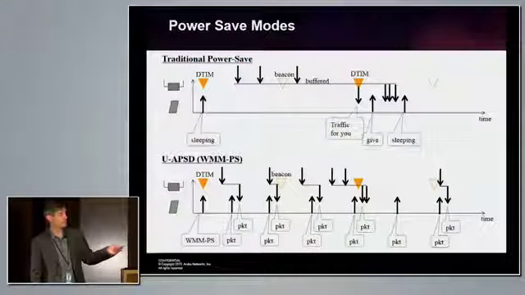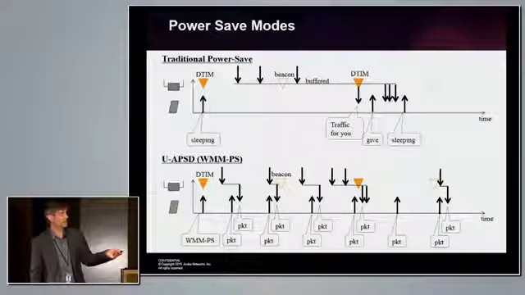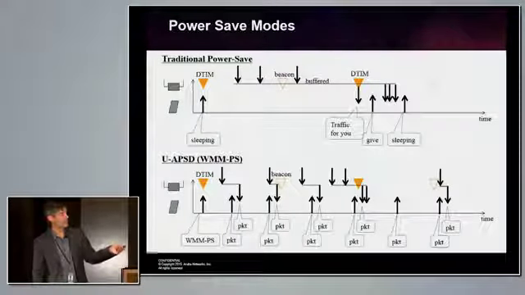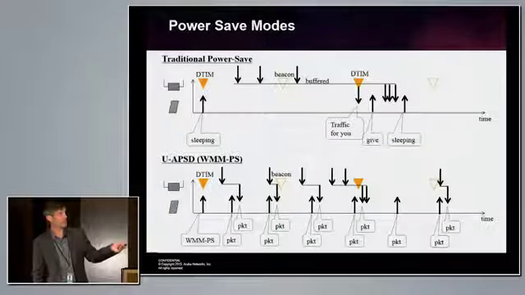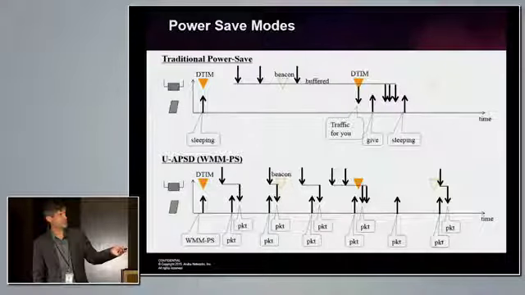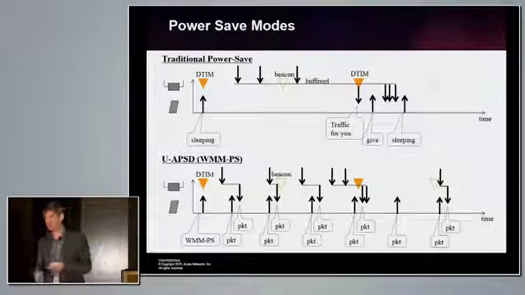The things that we have seen implemented are these normal legacy power save features up the top here, which are very effective, but effectively the device says, I'm going to sleep, the AP recognizes that, and then while the device is asleep with its radio turned off, it just buffers up all the downlink frames that come to it, and then it advertises in the DTIM to say, we got traffic for you, number 5, and then number 5 device comes up and says, give me traffic, and gets it, and then it goes to sleep again.